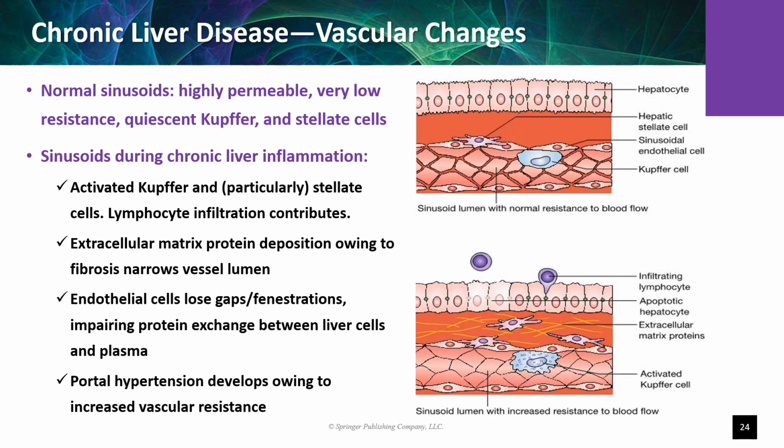The stellate cells increase the production of an extracellular matrix, particularly collagen. Thickening and hardening around the sinusoids restrict their diameter, increasing vascular resistance and contributing to portal hypertension. Sinusoidal endothelial cells lose their large fenestrations, and this decreases the capillary permeability.